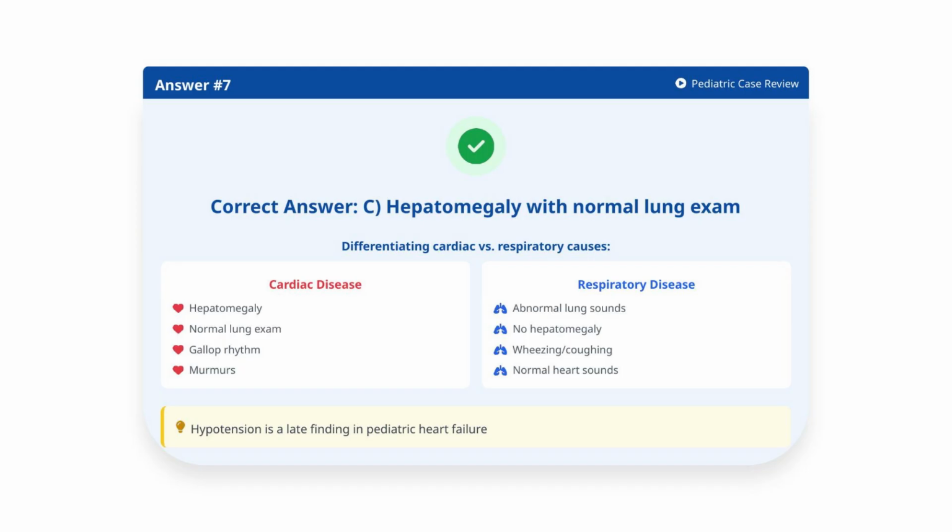The combination of liver enlargement without significant lung findings strongly suggests a cardiac etiology. Both respiratory and cardiac conditions can cause tachypnea and tachycardia. Hypotension is typically a late and ominous finding in pediatric heart failure. Remember that respiratory distress in children often has respiratory causes, but these key differentiating features can help identify cardiac disease.